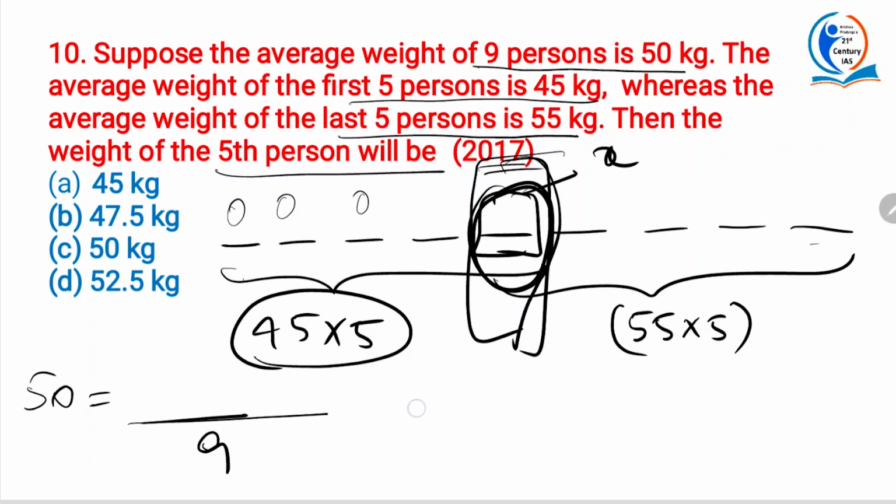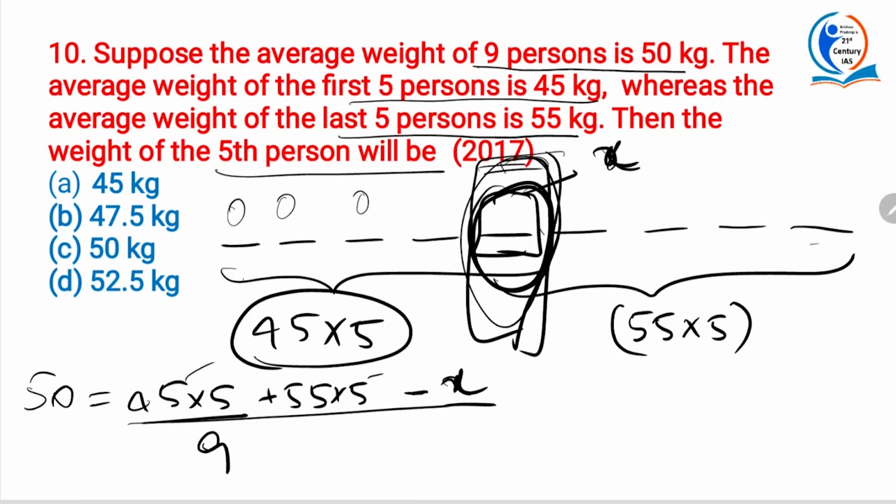The sum of weights of all 9 people is 45 into 5 plus 55 into 5 minus X. Why am I writing minus X? Because this fellow's weight should be counted only once, but it is being counted twice since he is common. So you subtract his weight one time so that there is no double counting.